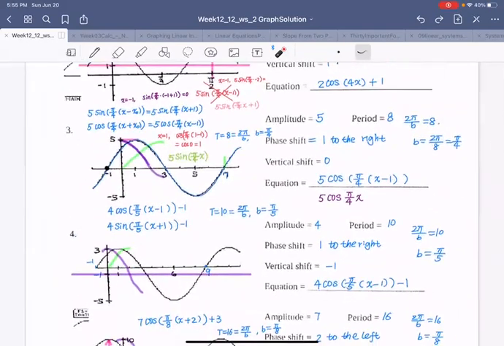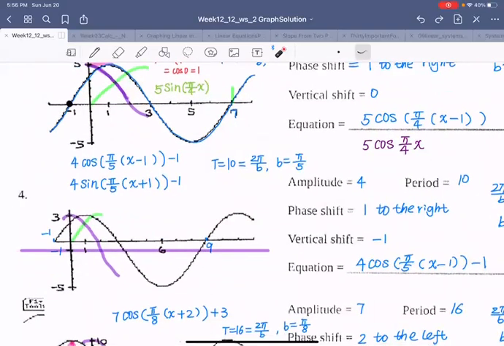Next one, we have the next question. Ling Lu, let's see here. Yes. Okay. So first we need to find the midline, which is -1. And then we find the amplitude.